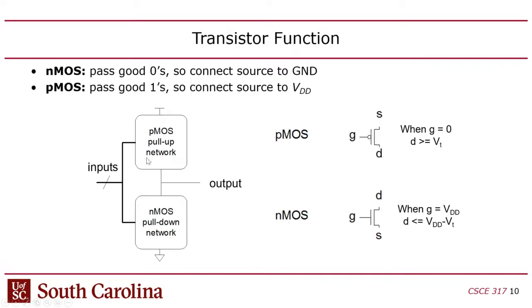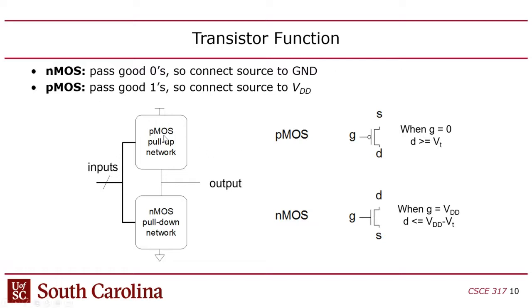So why are they built like that? Okay, a couple things. First of all, having a pull-up and a pull-down network is designed for power efficiency. The idea is that MOSFET transistors have a very high off resistance. When they're turned off, they don't conduct very well at all; their resistance is on the order of megaohms.